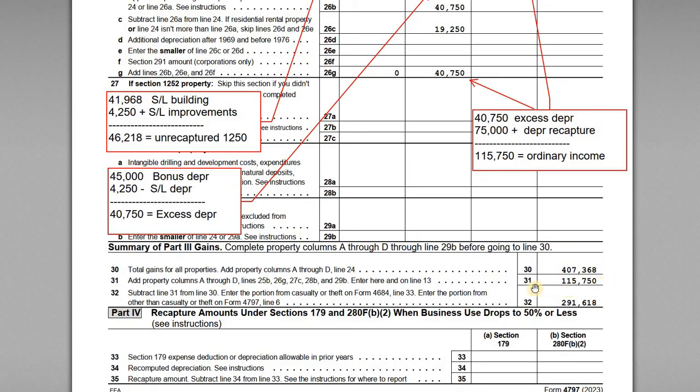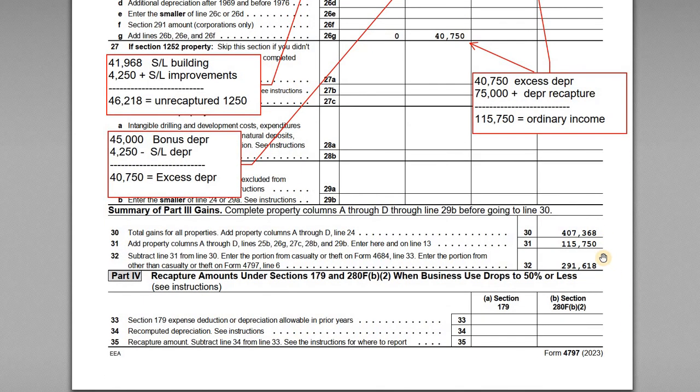So now we subtract those two values, and we're left with line 32 is going to be $291,618. Now, once we have these values, the $115,750 is reported back on page 1 of the 4797 on line 13, and then this value is reported on line 6 of the 4797.